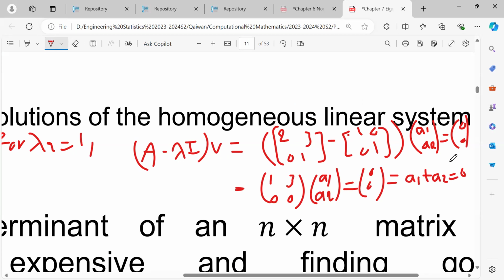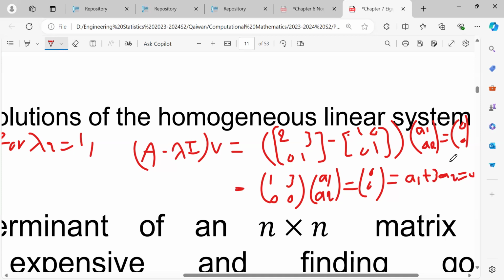If you get something like this, choose any value for one of the components. Choose any real value for A1 or A2, for one of them.